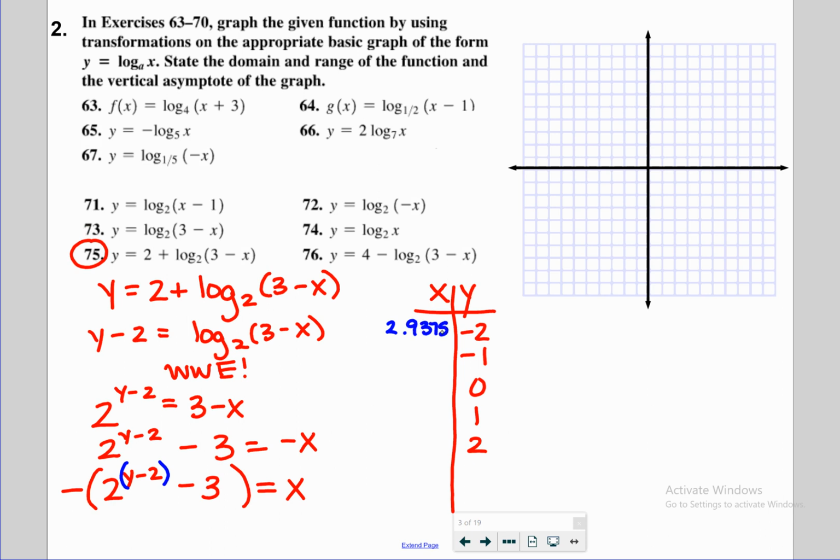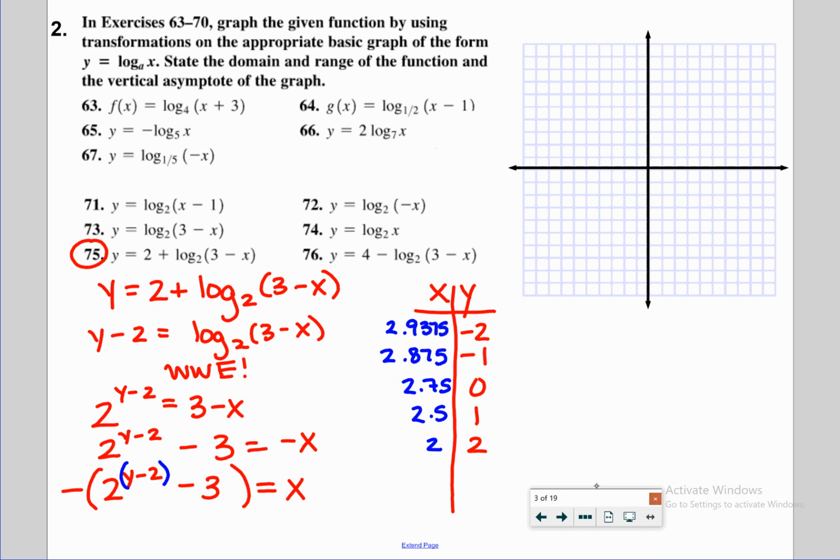Okay. And then we're going to do the same thing a few more times. So plug in -1. I get 2.875. Plug in 0. 2.75. Plug in 1. 2.5. Plug in 2.